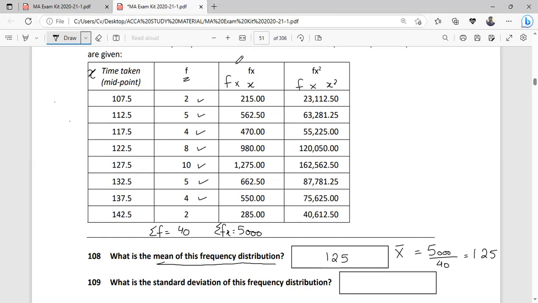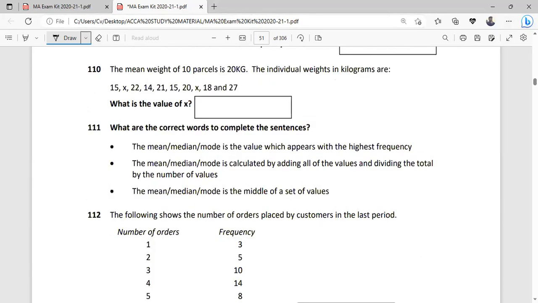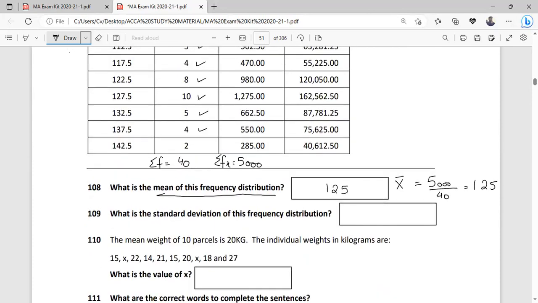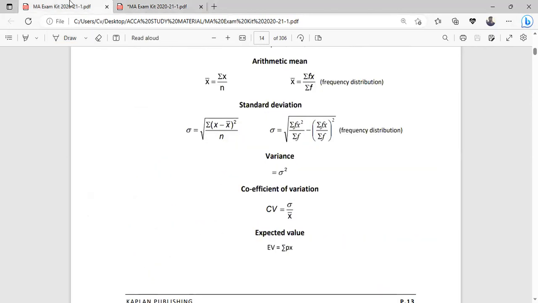Then the next question is, what is the standard deviation of this frequency distribution? This time we will follow the formula of standard deviation for a frequency distribution. This sign shows standard deviation. Standard deviation means variation.